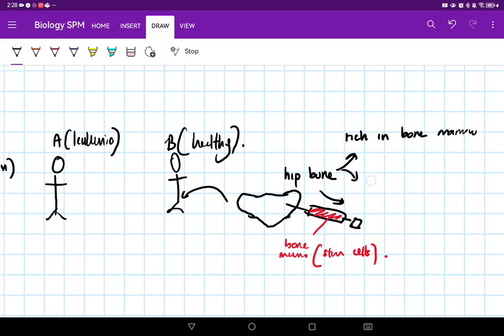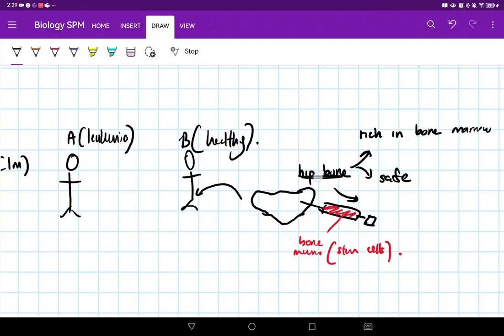Number two is also safe. Because let's say if I take the bone marrow from your spine, your neck area, accidents may happen and it might paralyze you. It might affect your nervous system. It could accidentally damage your nerves when you insert the needle. So that's why we use hip bone most of the time.